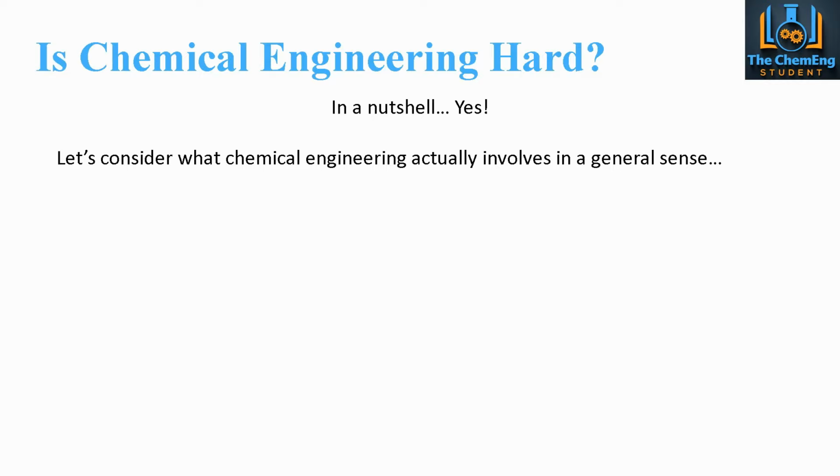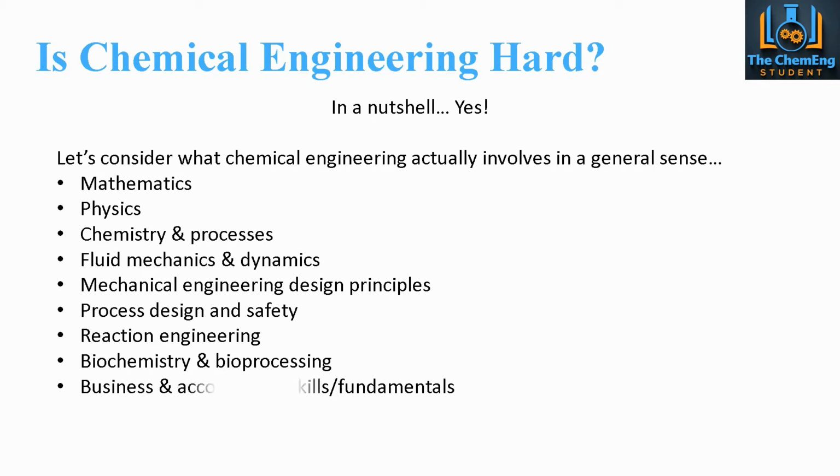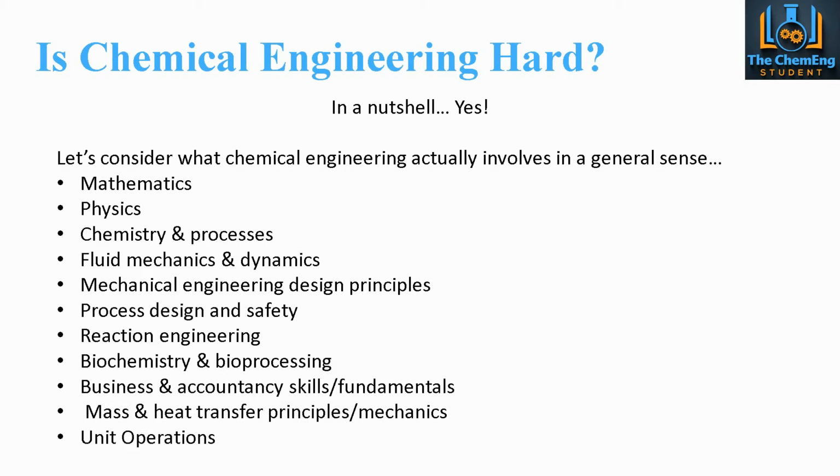But let's consider what chemical engineering actually involves. This is just in a general sense, but we have things like maths, physics, it even involves chemistry, different processes, fluid mechanics and dynamics, mechanical engineering design principles, we design process and safeties, reaction engineering, biochemistry and bioprocessing.